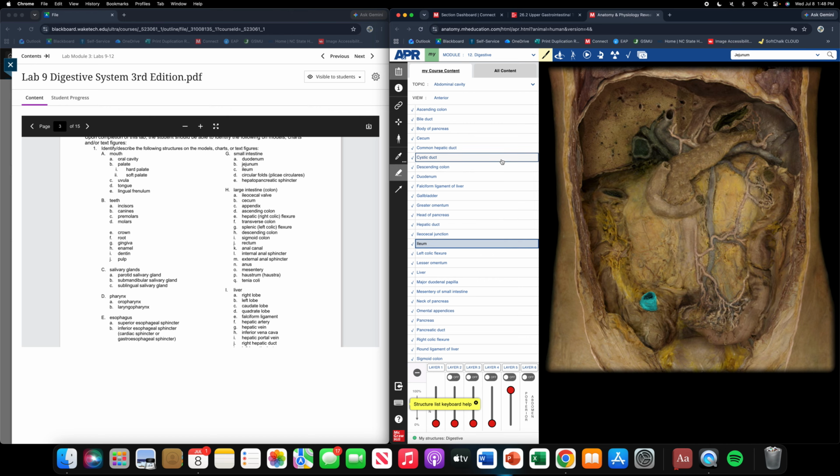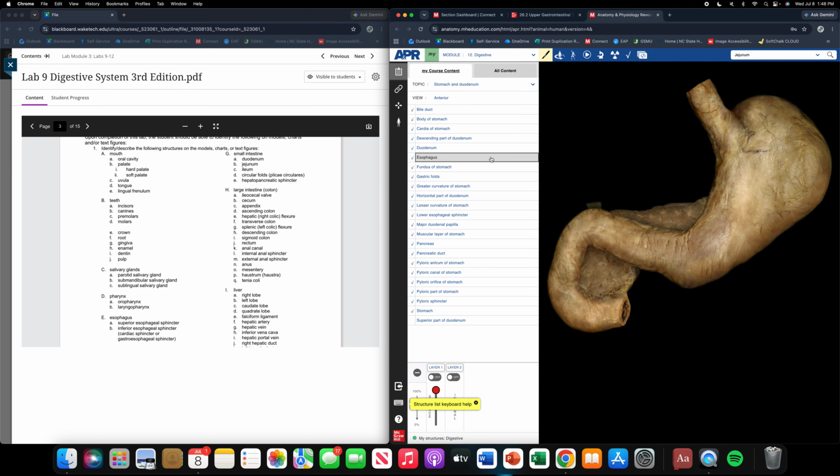Let's see. Within the duodenum, what I want to find is the hepatopancreatic sphincter. I want to find you a good image of that, so let me use my own device. Search.